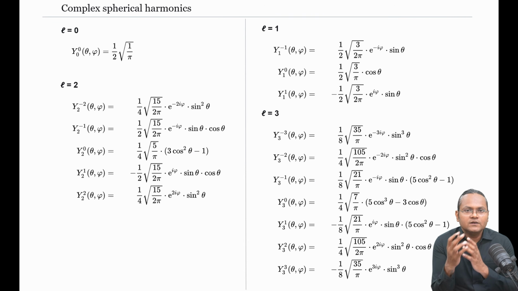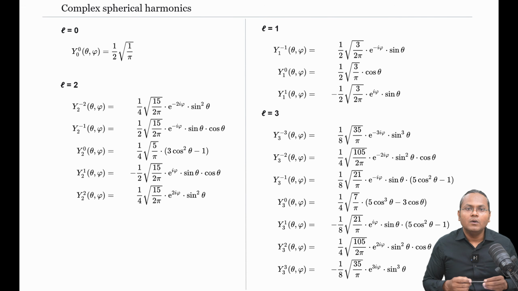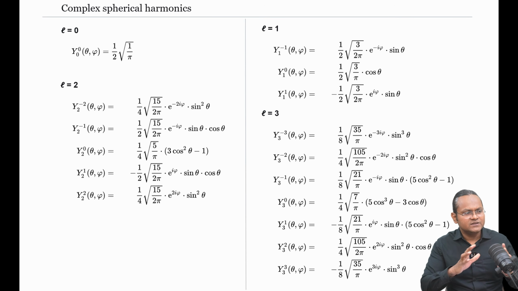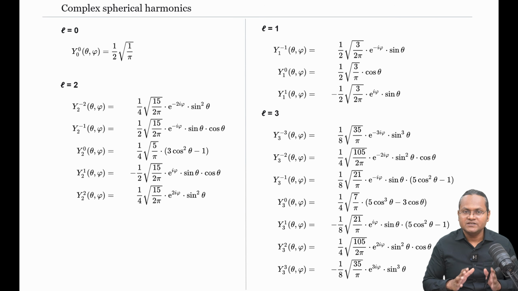I can in fact go further and give you a list of the different kinds of spherical harmonic functions for different values of the quantum number L equal to 0, 1, 2, 3 and so on. Here I have simply represented the distinct mathematical functions, as you can see. And we can also plot them in a similar manner on the surface of a sphere. So all these cases plotted as a color plot on the surface of a sphere look something like this.